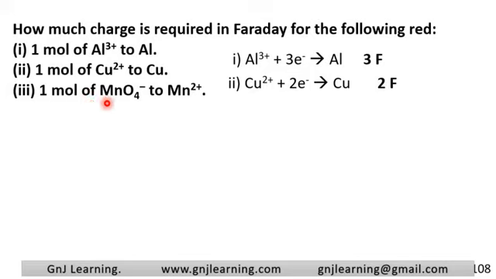Then 1 mole of MnO4- to Mn2+. So here MnO4-, this is the anion of potassium permanganate. This is one of the famous oxidizing agents which you will learn in detail in d-block as well as in your practical lab when you are doing titration analysis, redox analysis. In redox analysis, one of the famous reagents or oxidizing agents is KMnO4.